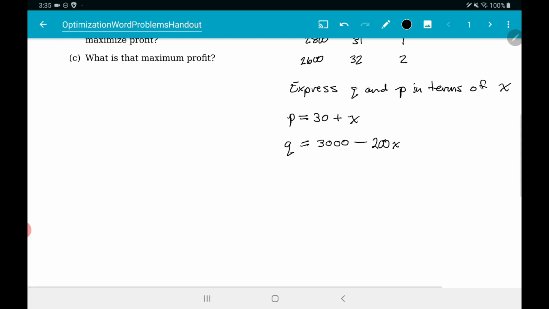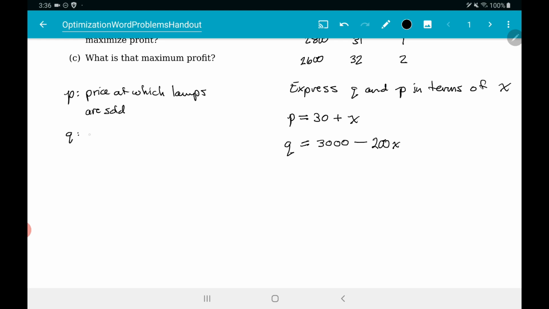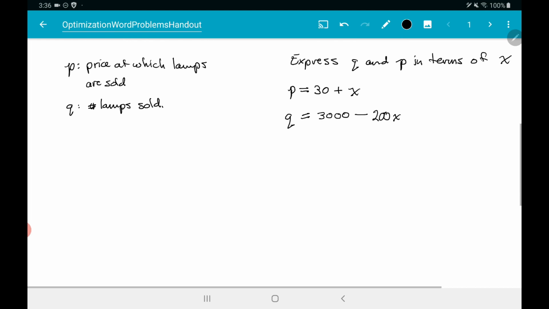So just to make it clear what we're looking at, little p is the price at which lamps are sold. Q is the number of lamps sold. What's potentially confusing about this setup is that there is actually no demand function.